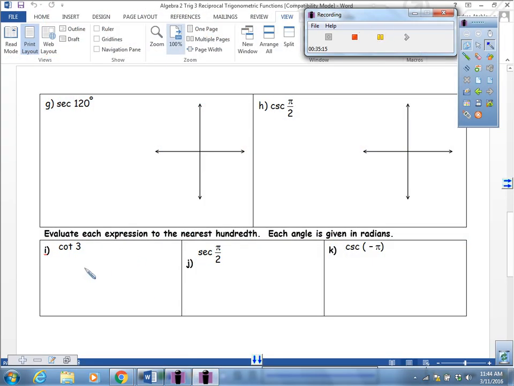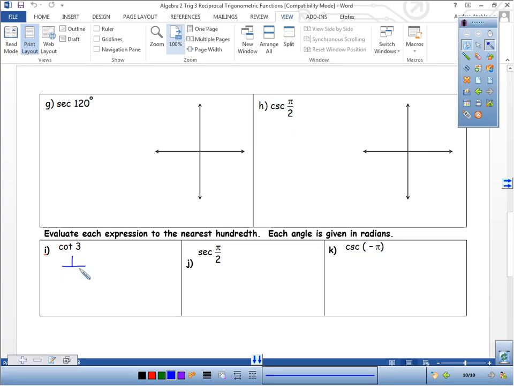Cotangent is 1 over tan of 3. So you're going to enter that into your calculator: 1 divided by the tangent of 3.